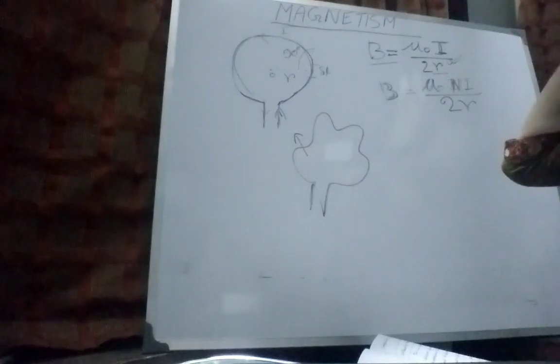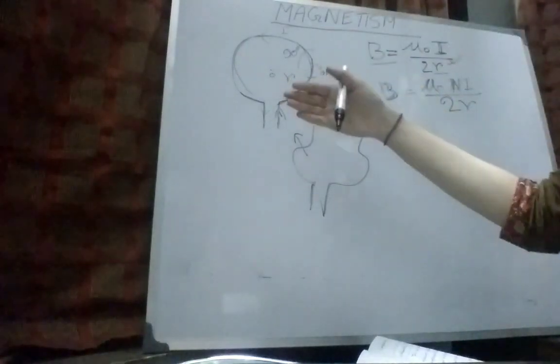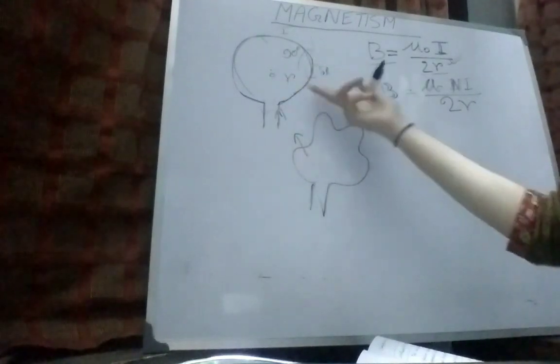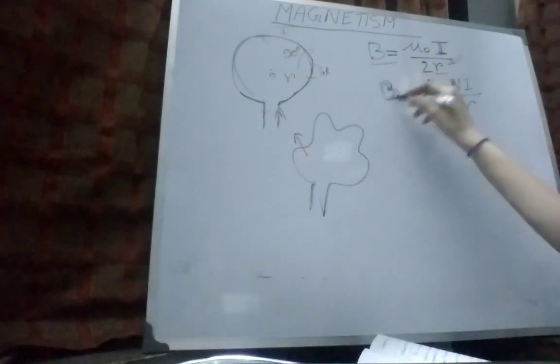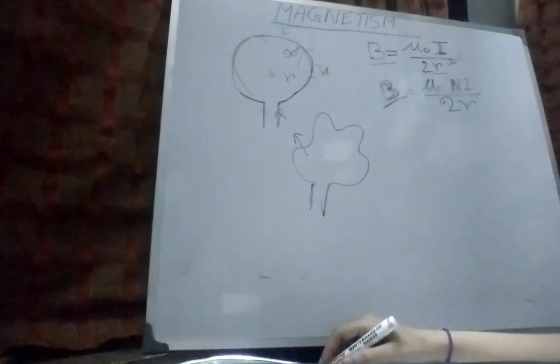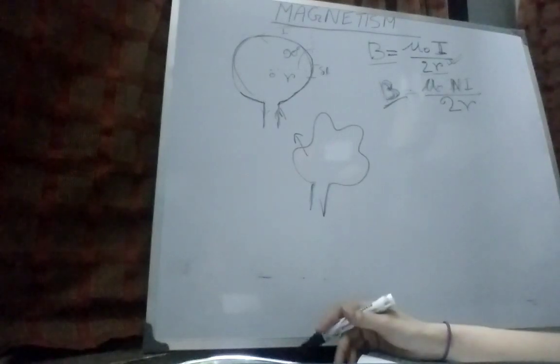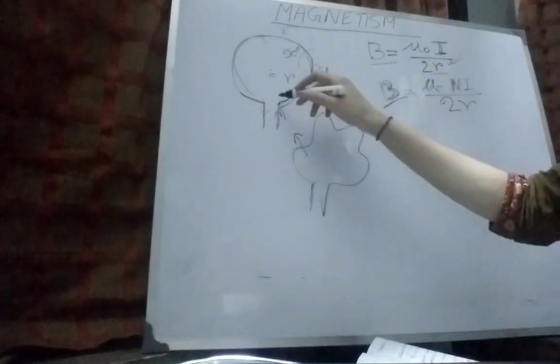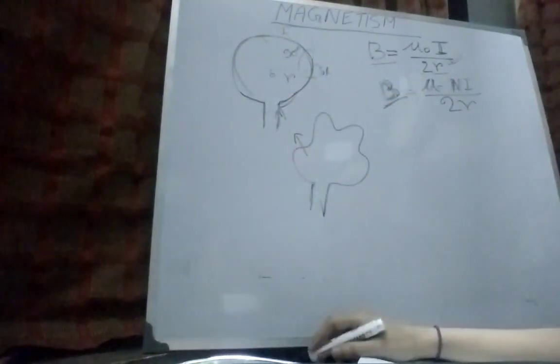If the area increases, then the magnetic flux, that is the field lines per unit area, through this loop will increase, and if that increases, then the magnitude of this B or magnetic field will increase. So to get a higher magnitude of magnetic field, we generally use this circular shape.